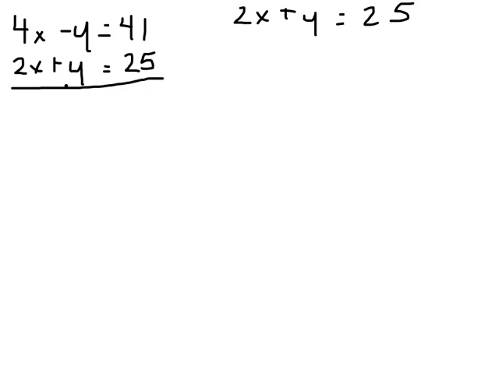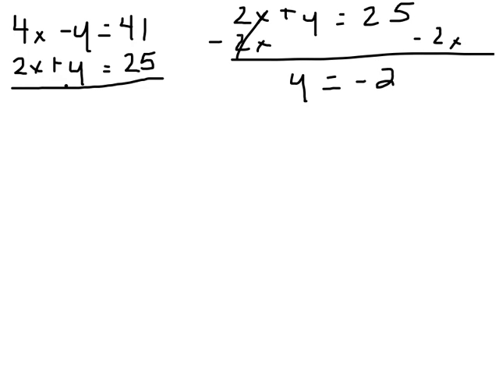I want this y by itself, so I'm going to subtract 2x from both sides, and I'm going to get y equals negative 2x plus 25, or 25 minus 2x, either one. All right, so let's take this top equation and put in right here what we now know y is equal to.